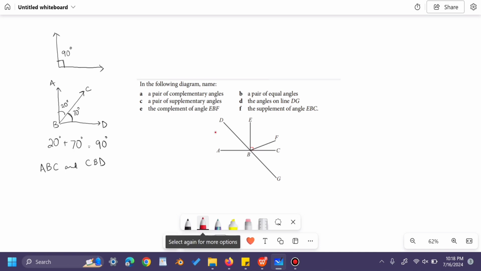So if we look at this image, there are multiple complementary angles that have been given. Firstly, here they have specified that this is 90 degrees, so it should be ideal that if we take this one, it will be E B F and F B C, just like here. So what will our answer for A be?